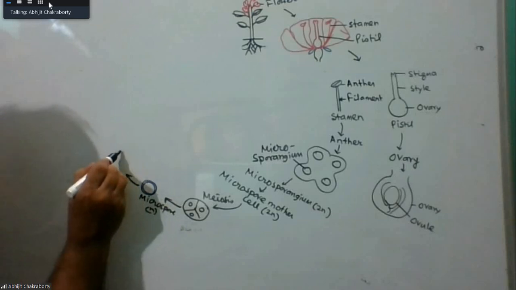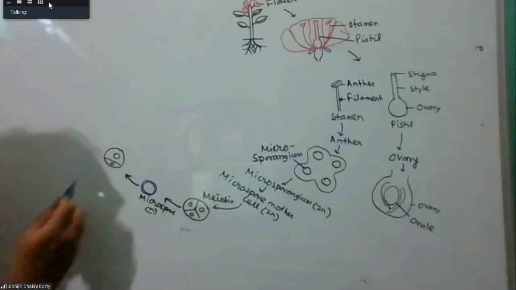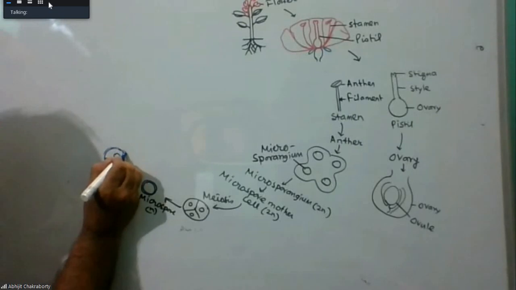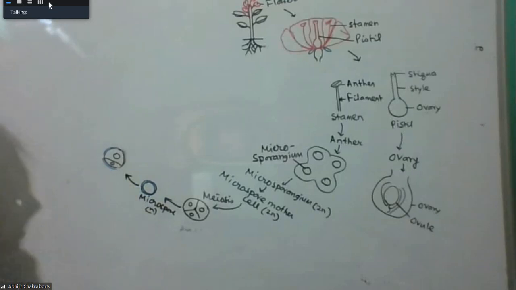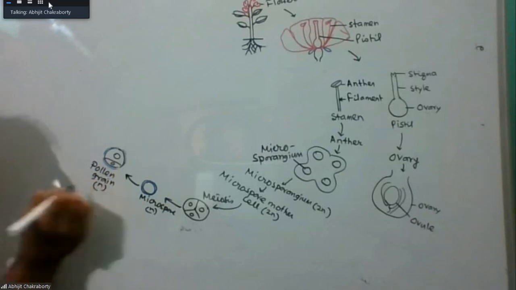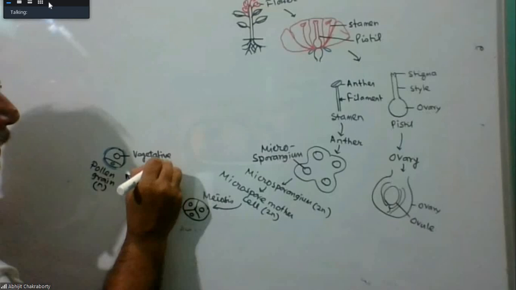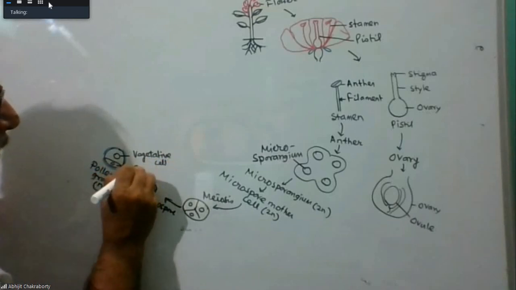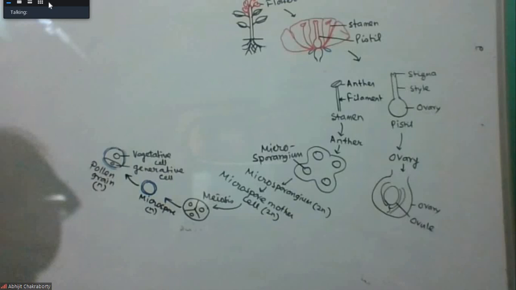Gradually it grows, it is the pollen grain. These are the two cell stage.